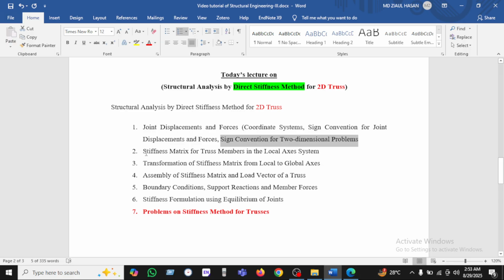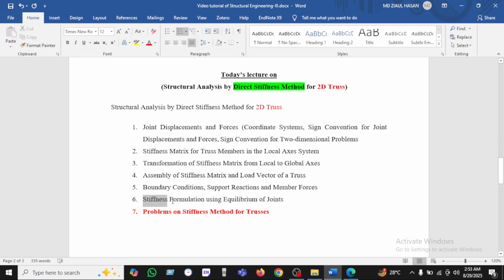Then we will see the stiffness matrix for truss member in the local axis system, and then the transformation of the stiffness matrix from local to global axis. Then we will see the assembly of the stiffness matrix and load vector for the truss, and we will use the boundary conditions, support reactions and member forces.